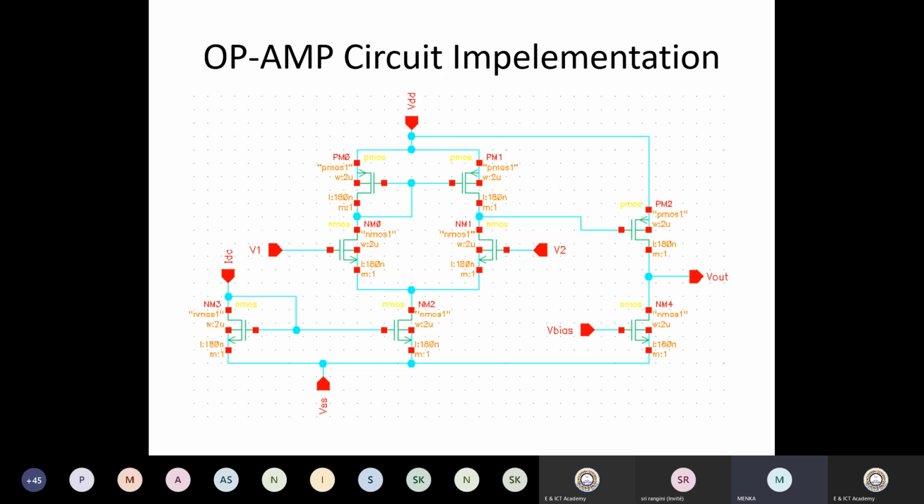Likewise, the upper parameters you can also tune, because the technology node is 180 nm, so W can be tuned for everything, like NMOS and PMOS. Likewise the output stage can also be tuned. Just try all these tunings and you will see a different set of results. That's why I said earlier that analog design is a little bit tougher, because you keep on tuning and then you get the results.